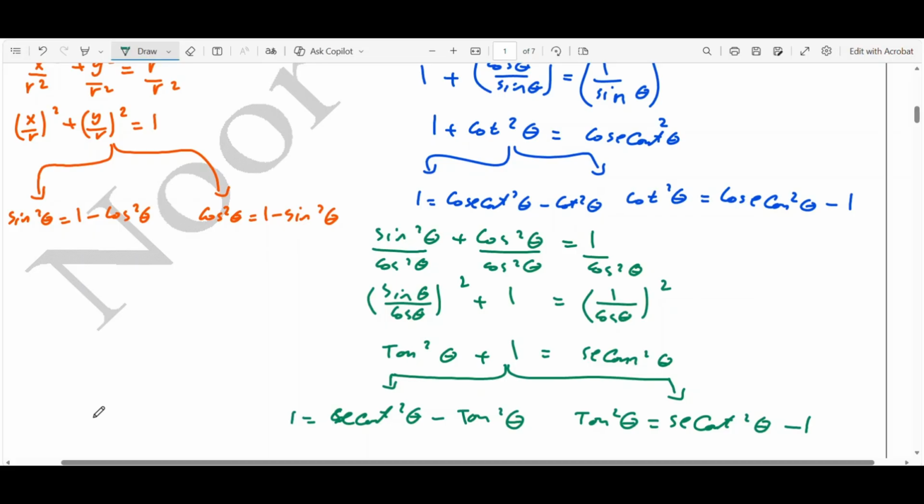Okay, let's move to sketching cosecant, secant, and cotangent.